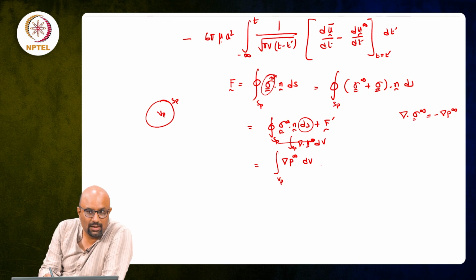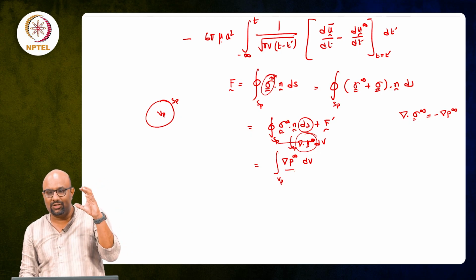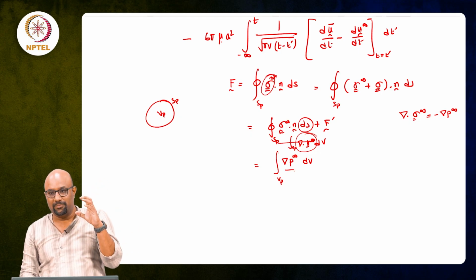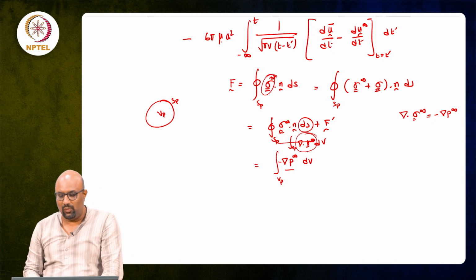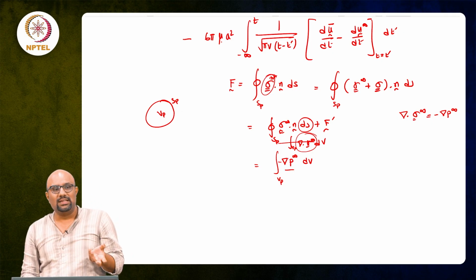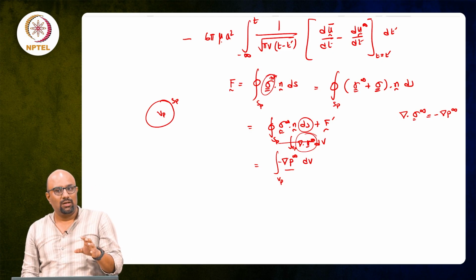This is the divergence of sigma infinity evaluated in a control volume basically occupied by the sphere. The way to think about this term with a negative sign is that this is the force that would be imparted by the background flow in the region occupied by the spherical particle.